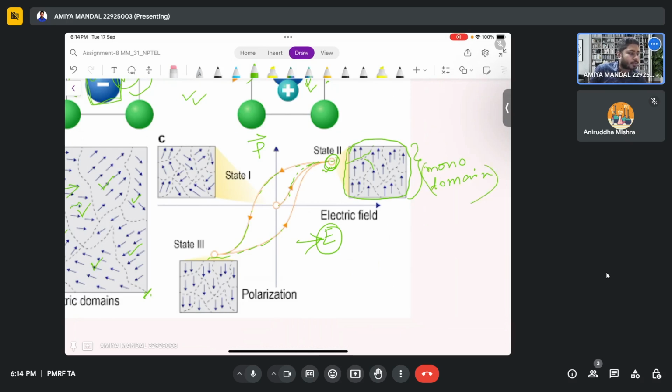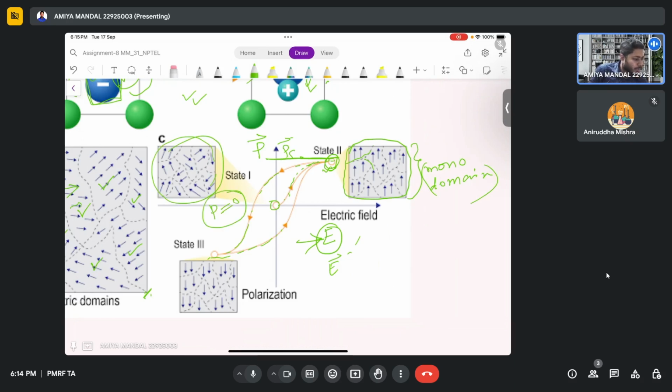In this state, this is called the saturation polarization state, PS. And when we switch back the electric field direction, there are randomly oriented directions in which polarization is 0.